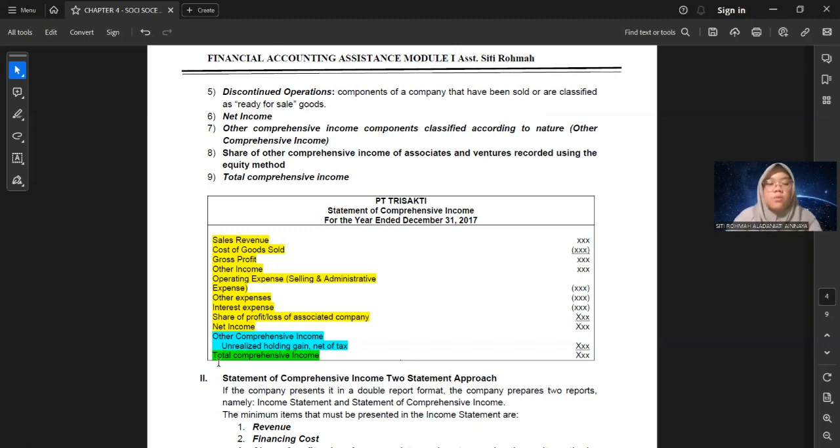So this is the format of the statement of comprehensive income in one approach.